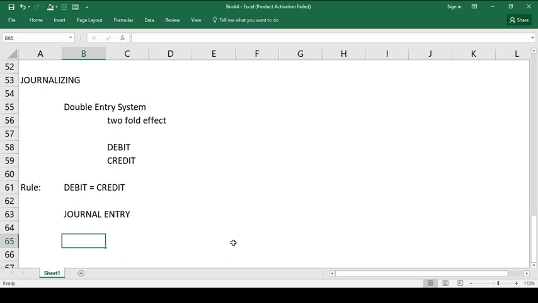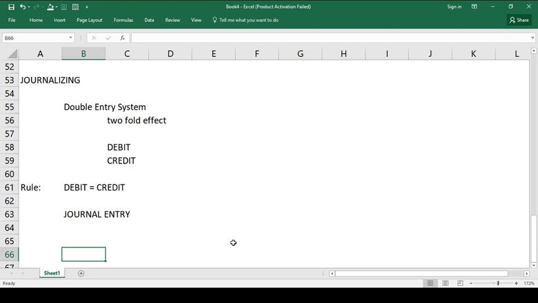That's the rule, ha? That's the rule again. Once we are going to prepare the journal entry, always identify first what are the debits, okay, and what are the credits, okay. After identifying what are the debits and identifying what are the credits, we can now officially and formally record the transaction.